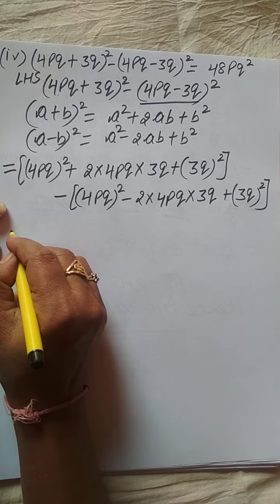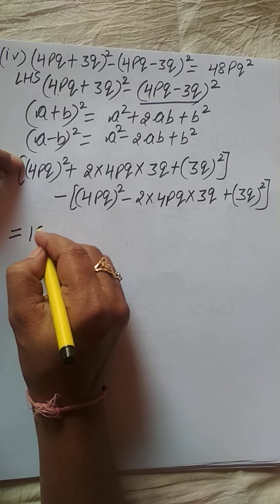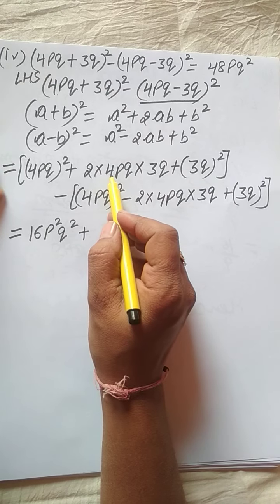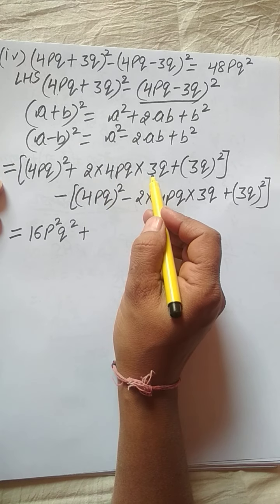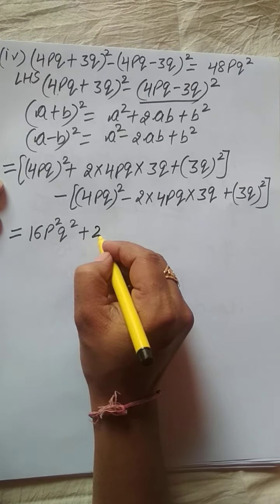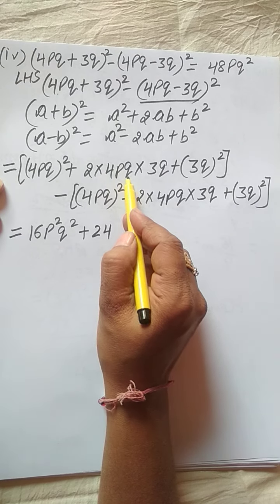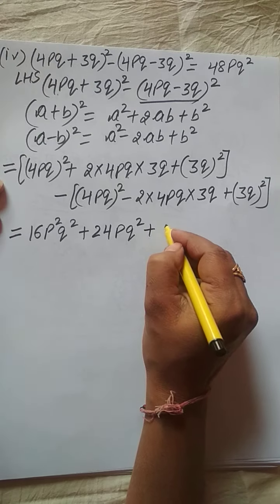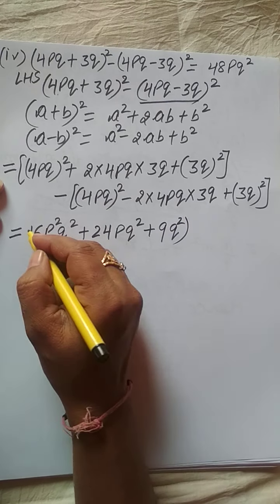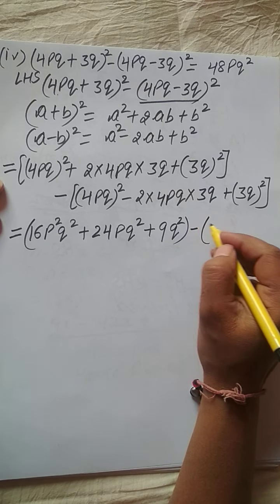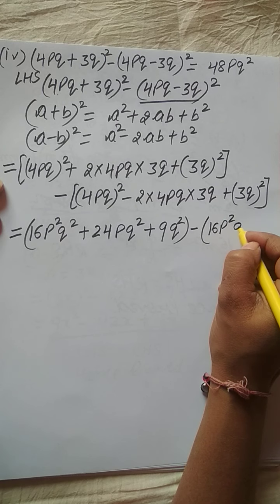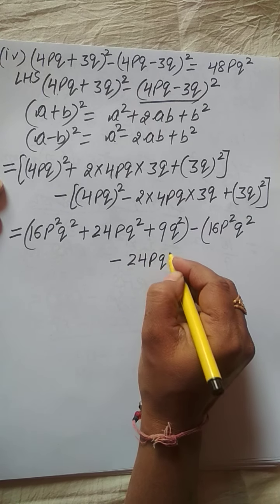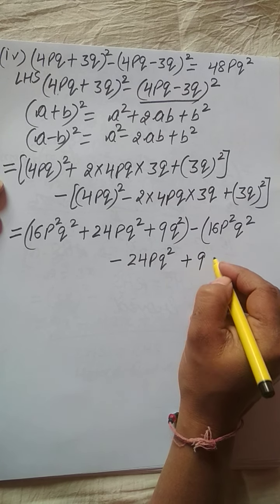Now do the simplifications. 4² is 16p²q² plus 4 twos are 8, 8 threes are 24, p q into q is q², 24pq² plus 9q², minus 16p²q² minus 24pq² plus 9q².